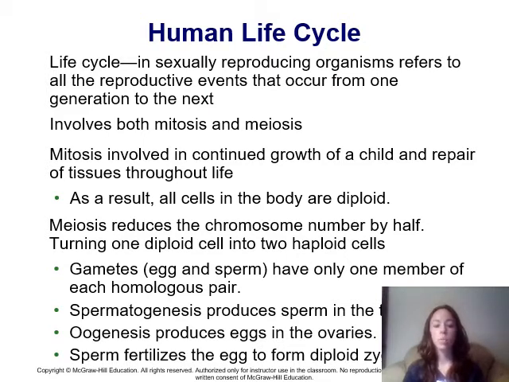Spermatogenesis means the production of sperm in males. Oogenesis is when the eggs are produced in the ovaries. And then, of course, upon fertilization, one sperm, a haploid cell, will fertilize an egg, another haploid cell, to make one diploid cell.